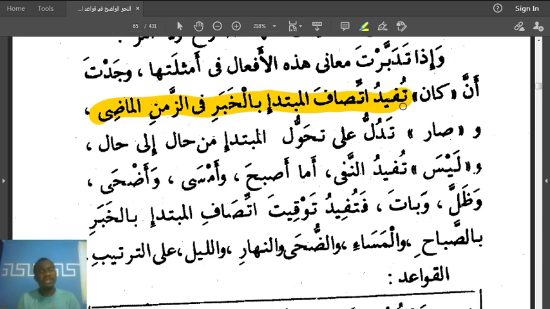اتصاف ب, I think we've already talked about this when we looked at the مبتدأ والخبر or الجملة الاسمية, we talked about اتصاف المبتدأ بالخبر. That is describing the مبتدأ with the خبر. If you say الولد طويل, in a way you are saying the boy is tall, so you are describing the boy with length.